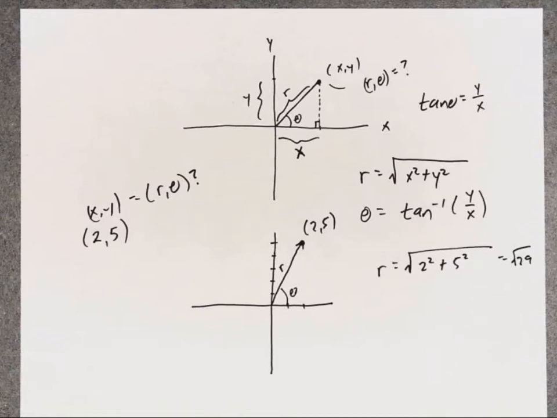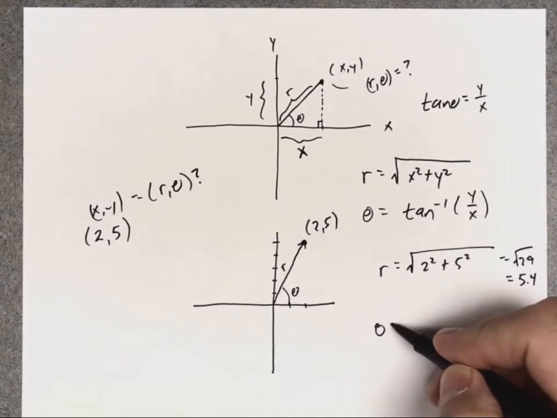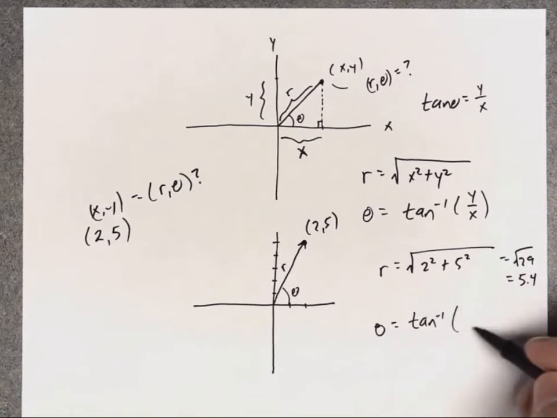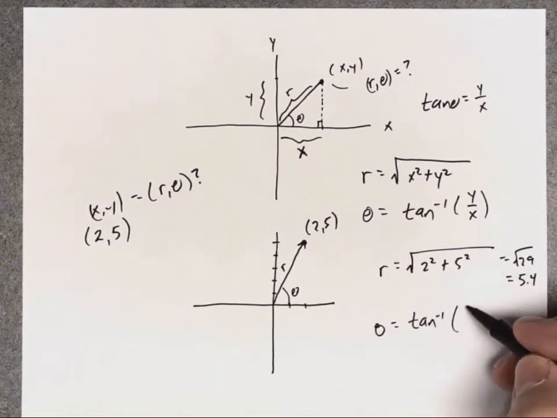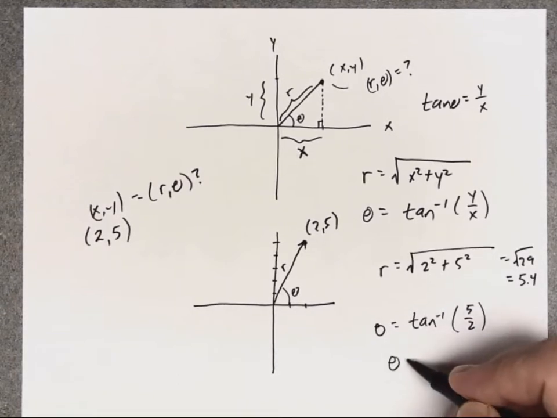So I've got my calculator now. So let's just see what square root of 29 is as a decimal. We'll just call it 5.4. Sounds about right. Now the angle, inverse tangent of y is 5, x is 2.